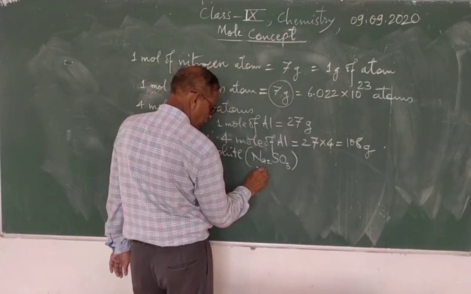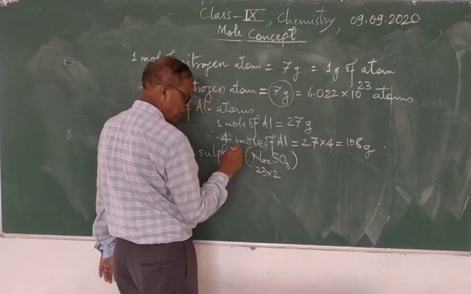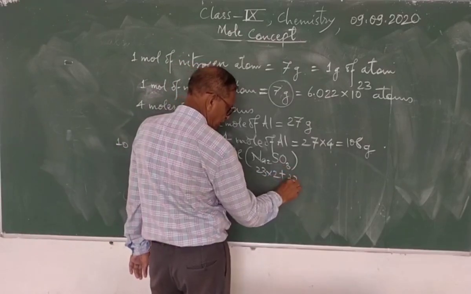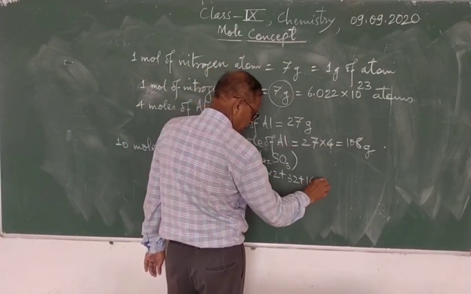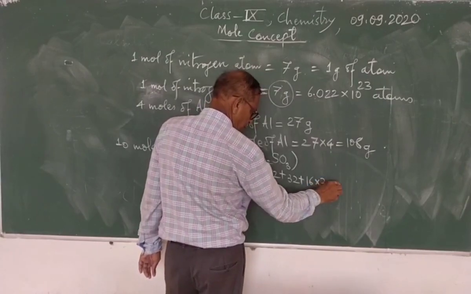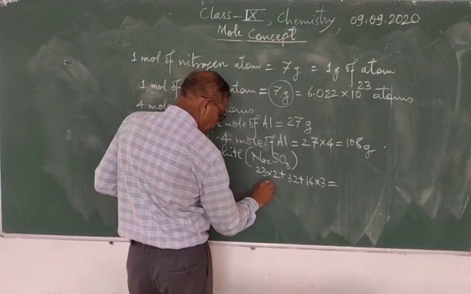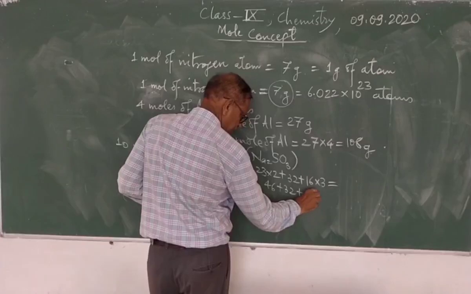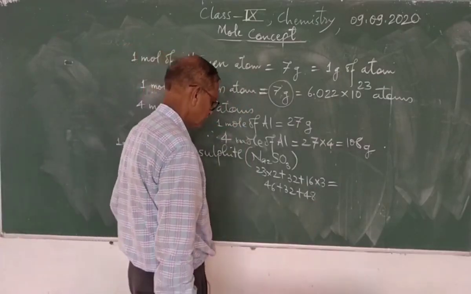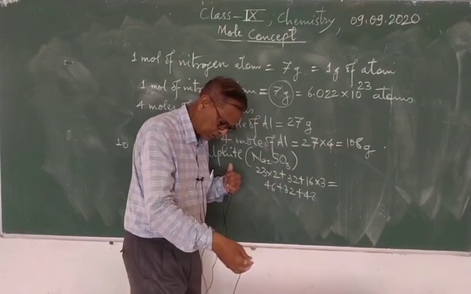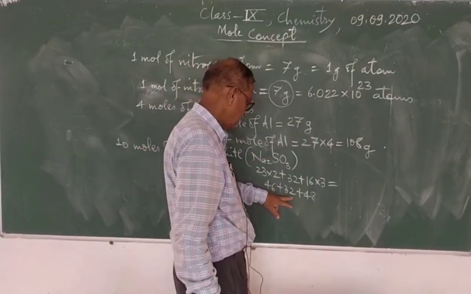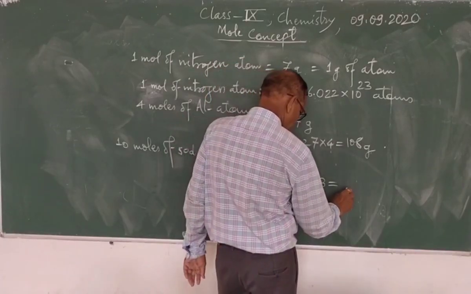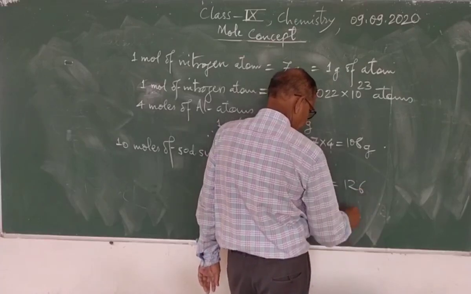So see, atomic mass of sodium is 23, 2 atoms, so 23 into 2, plus sulfur 32 plus 16 multiplied by 3 is equal to 46 plus 32 plus 48. So 126.